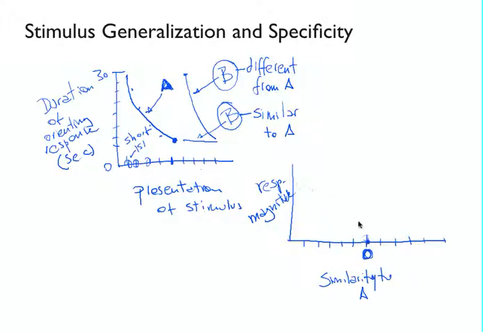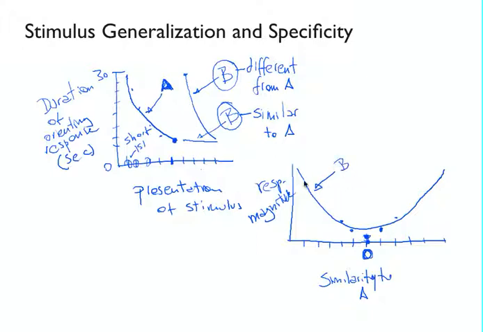And what we would expect is that if we use the same stimulus, we'll get very little responding. If we use a similar stimulus, we may get a little bit more responding, but still pretty low. And then maybe more responding. And overall, we may see something like this: less responding the more similar the test stimulus is. This is stimulus B, our test stimulus.